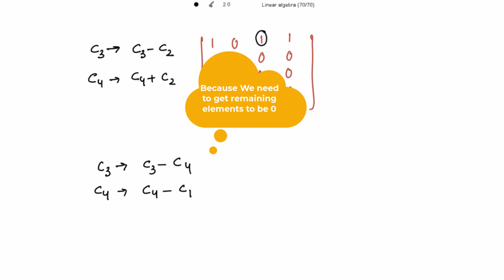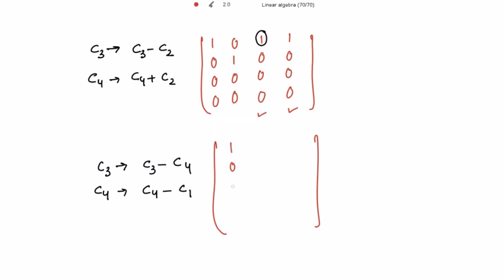So writing first and second column as it is. C3 minus C4 gives 0 0 0 0, and then changing column 4 by subtracting the elements of column 1 from the elements of column 4, we get 1 minus 1, that is 0, 0 minus 0, okay, all these are 0.